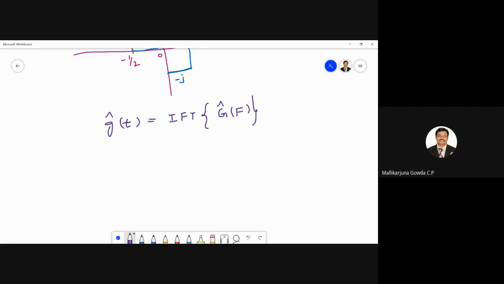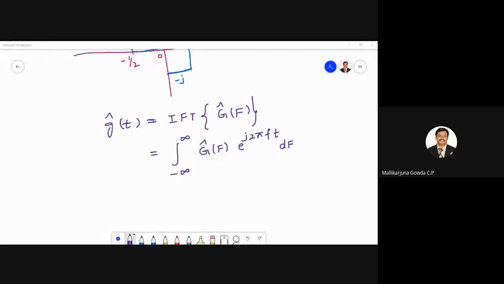So you all know the formula for finding the inverse Fourier transform, which is equal to the integral from minus infinity to infinity of g cap of f into e power j 2 pi ft df. I am writing the formula of the inverse Fourier transform. Is this fine? Yes, students, we are all fine.